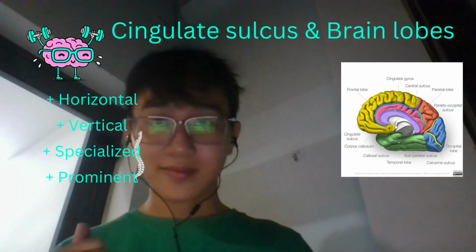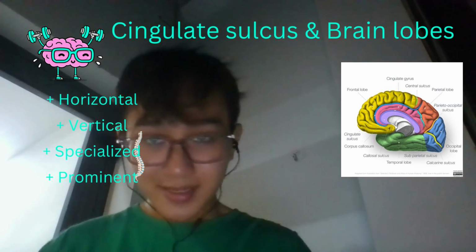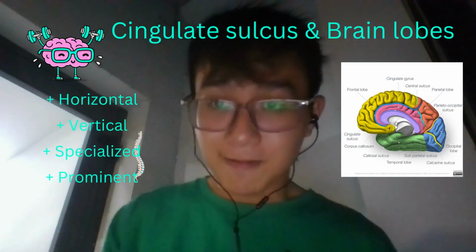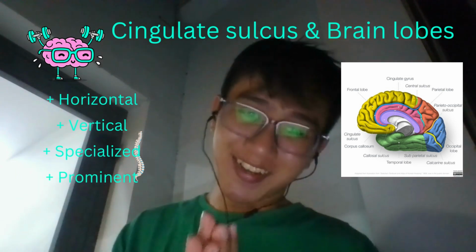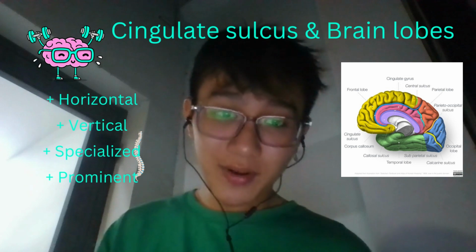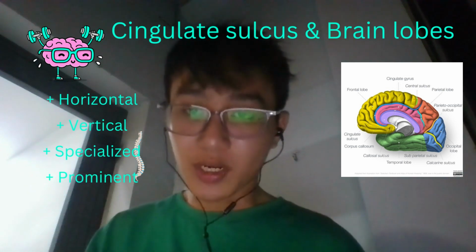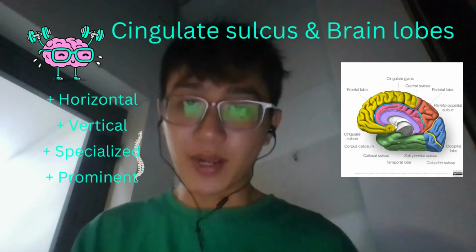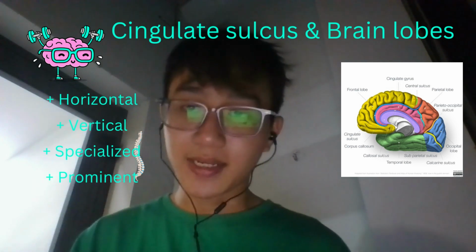The cingulate sulcus is on the cingulate cortex in the medial wall of the cerebral cortex, and the frontal and parietal lobes are separated from the cingulate gyrus by the cingulate sulcus.